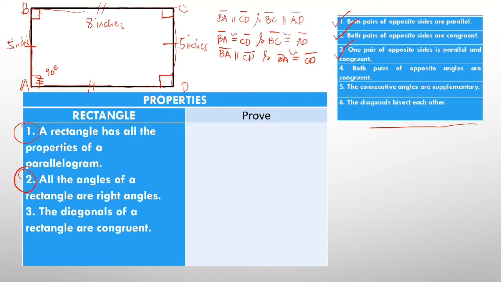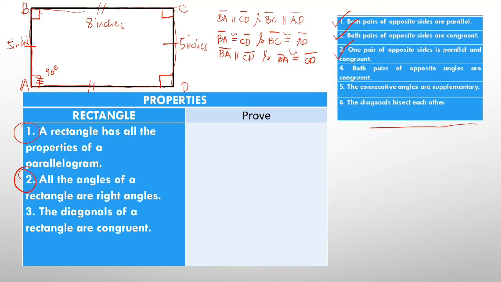Okay? Now, since we have already cleared the second property of rectangle, which is that all the angles of a rectangle are right angles, let's go back to the properties of parallelogram, which also apply to the rectangle. So, both pairs of opposite angles are congruent.